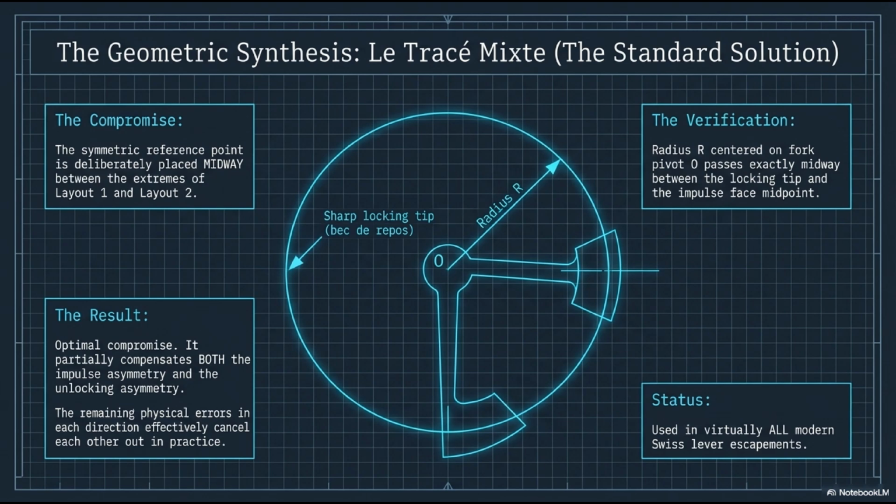Status, as stated on the slide: used in virtually all modern Swiss lever escapements. This isn't a preference, it's the result of over a century of optimization converging on this geometric standard. The mixed layout is one of the most elegant examples of engineering optimization in precision mechanics: achieving the best possible outcome within a fundamental constraint by finding the optimal position within it.